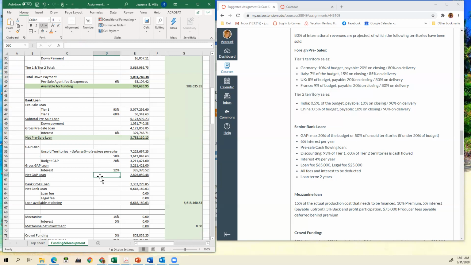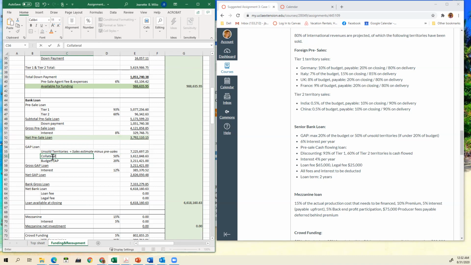So what we want to do is make sure that whatever we have left, which basically is, you know, we have our entire sales estimates, we're deducting our pre-sales, that should get us somewhere around 7 million here, 225,697.25. So now we're thinking how much of that is going to be applicable for the bank collateral.